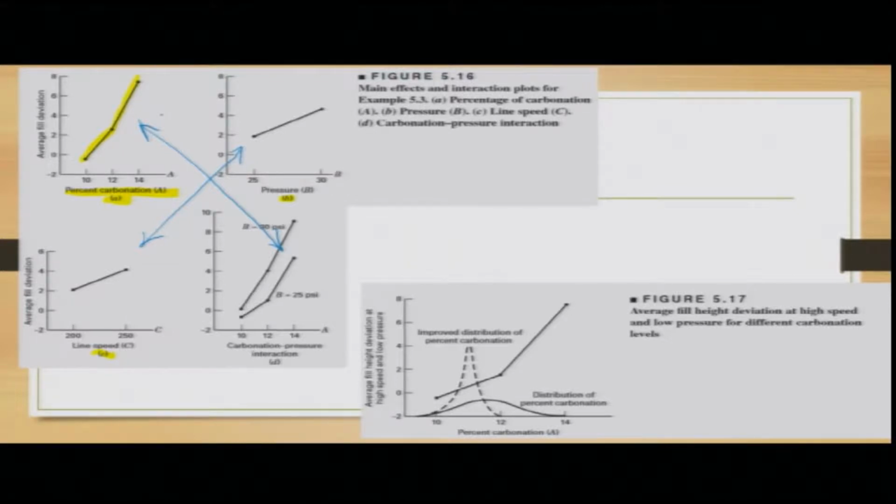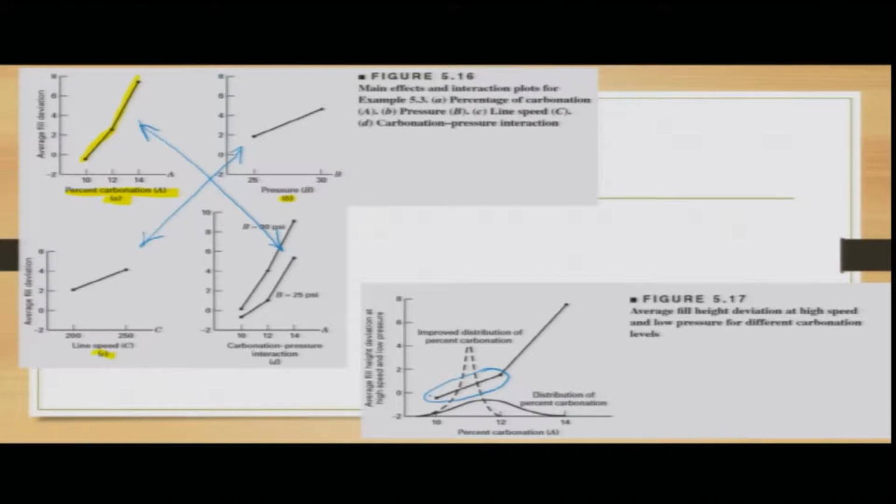Now, figure 5.17 shows the average fill height deviations again for high speeds and low pressure for different carbonation levels. So, as I check, you will find that you take different values. At lower values here, the deviation is very small, and we would definitely like the deviation to be as small as possible.